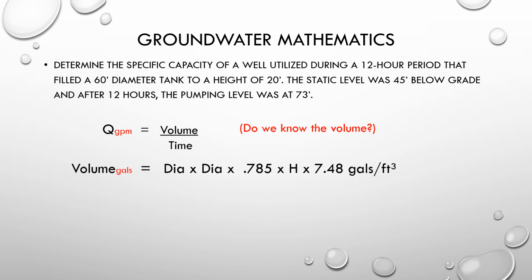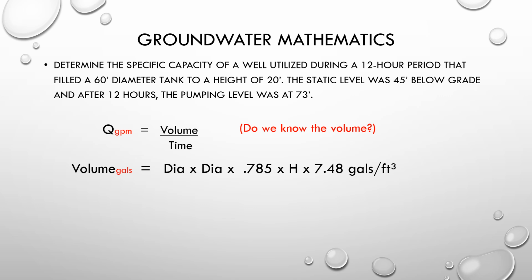So you're going to solve for the volume of a reservoir, which is something at this point you should be pretty comfortable doing. But for those of you who just need a little refresher in case you haven't had this kind of math in a while, I'll give you the formulas and you can plug and play. So diameter times 0.785 times height times 7.48.